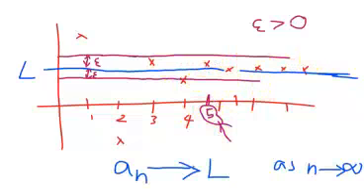That means I can choose an index, and this index depends on the epsilon value.